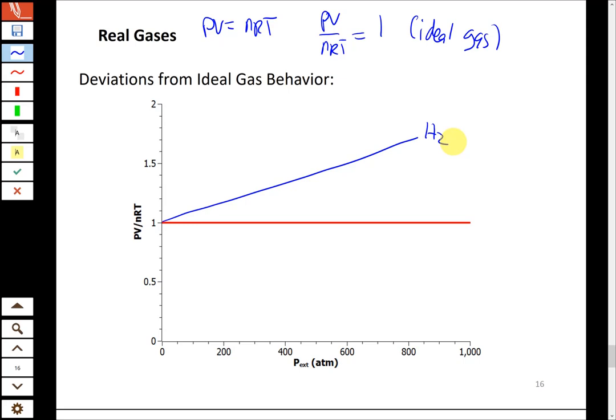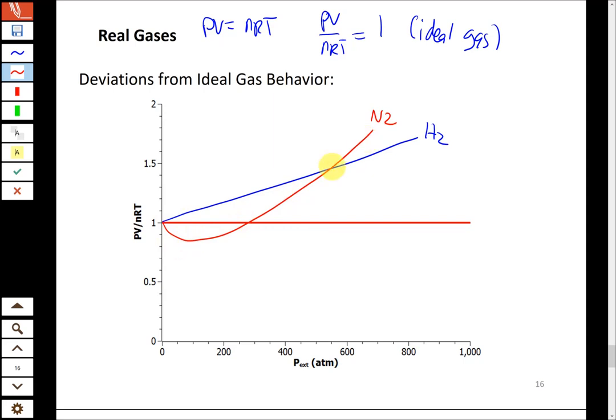But for most gases that are bigger than hydrogen, what you'll see is that at relatively low pressures on this scale, they're actually going to dip below 1 for a little bit, and then as you go to really high pressures, they cross back up and deviate in a positive sense. So for nitrogen, it'll look something like this, where it starts out dipping below the ideal value of 1, and then deviates from there.